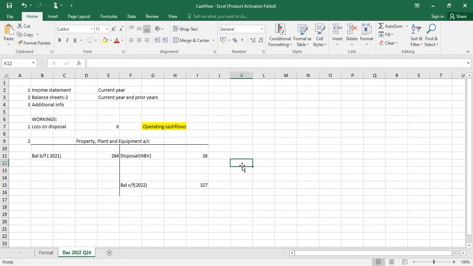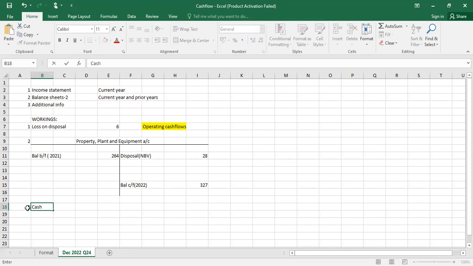So what else do we calculate as far as note number 1 is concerned? Leave alone the account for PPE for now. Let's close it off a little later. Let's go to working number 3. One more thing you have to remember is that when an asset is sold or disposed of, we do receive cash from disposal.